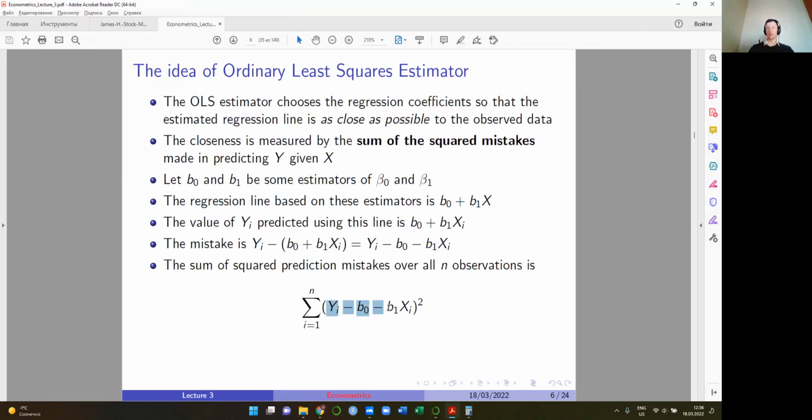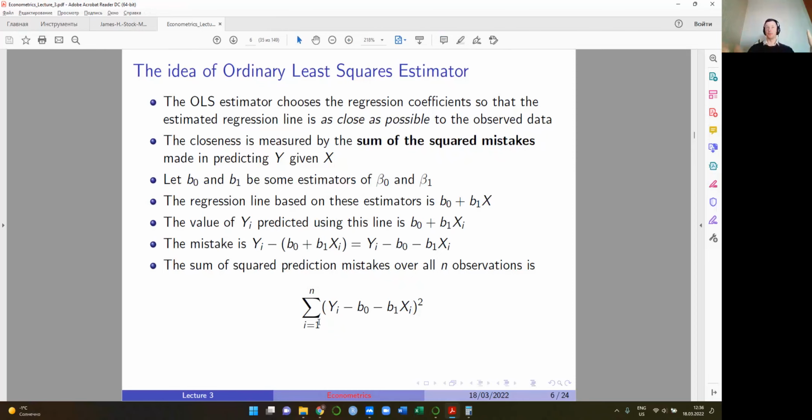Why do we want to square them? Because we want all these mistakes, whether they are positive or negative, to be positive. This is similar to why we calculate variance, having squared deviations. And then we sum over all these squared mistakes. So we calculate the sum of all of these mistakes.